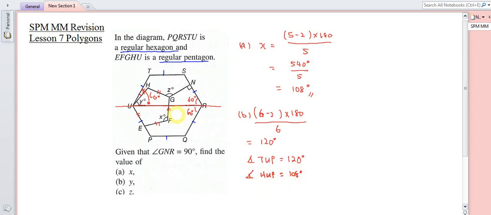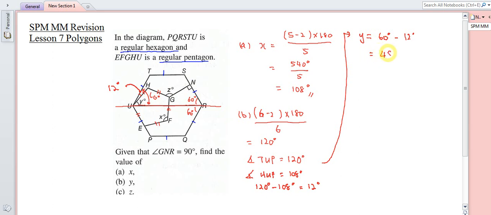So this small angle over here will be equal to 120 minus 108. We get 12. So this small angle is equal to 12 degrees. So how to get the y? y will be equal to this angle, which is 60 degrees, minus 12. You will get 48. y is equal to 48.